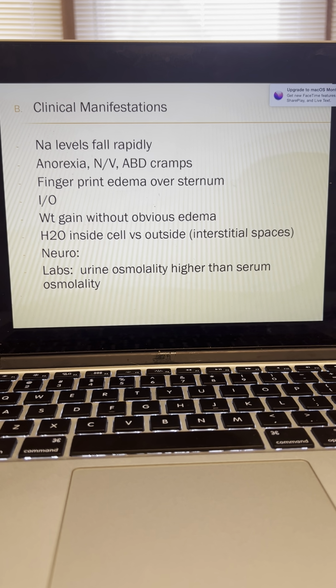Neurologically, you might see lethargy, headache, personality changes, seizures, pupil changes, coma, and respiratory arrest. So it is not something that we treat lightly. We do want to make sure that we remedy that hyponatremia. Labs: the urine osmolality will be higher than serum. So in other words, we'll have very dilute blood, but very concentrated urine.